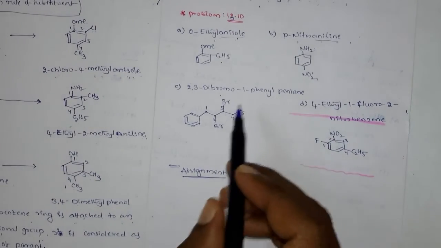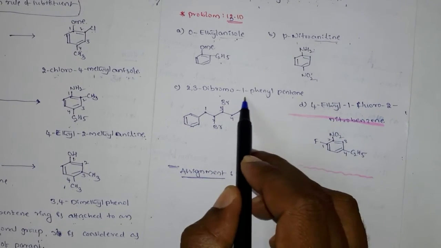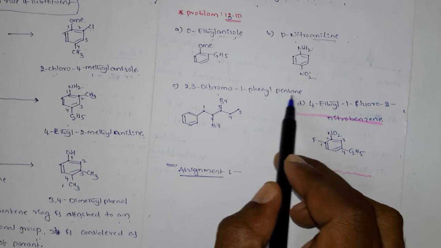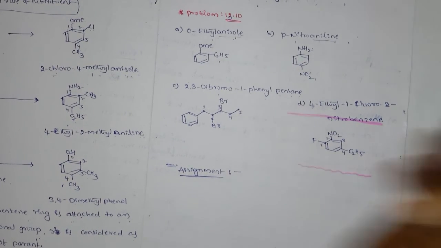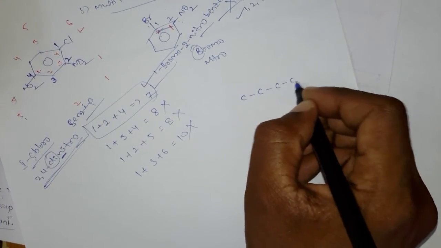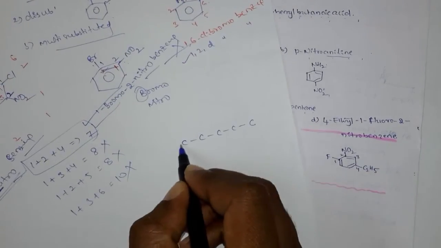Next, 2, 3 dibromo 1-phenyl pentane. 1-phenyl means the phenyl group is a substituent, and there is a pentane. Pentane means 5 carbons like this: carbon, carbon, carbon, carbon, carbon. 5 carbons are there, and at the first carbon there is a phenyl. So you assume this is the first carbon.